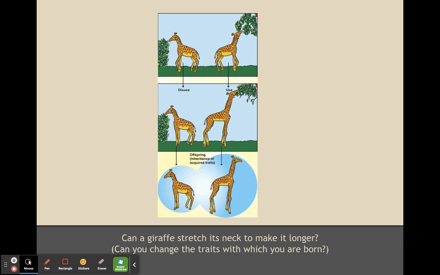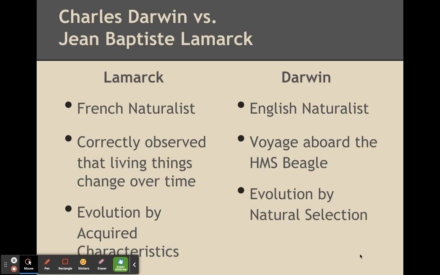So the question here, and the example we're going to look at, is, can a giraffe stretch its neck to make it longer? Another way to say this is, can you change the traits with which you are born? According to Lamarck, again, his idea was evolution by acquired characteristics.